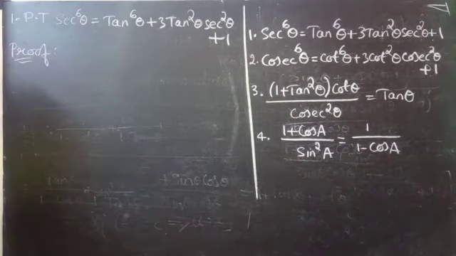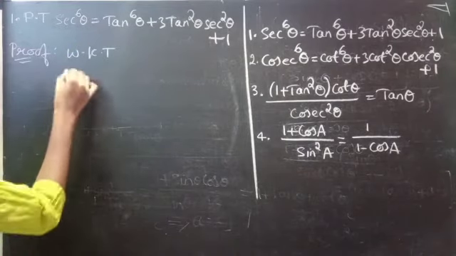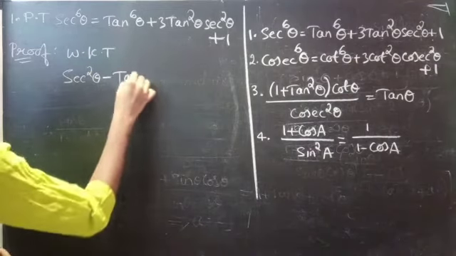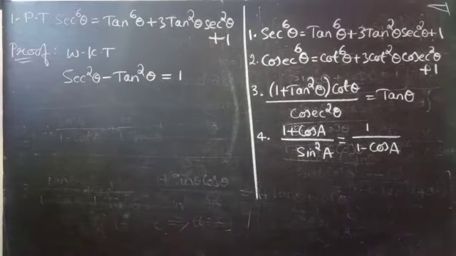Since we know that secant square theta minus tan square theta equals 1. Okay, this is a well-known identity.